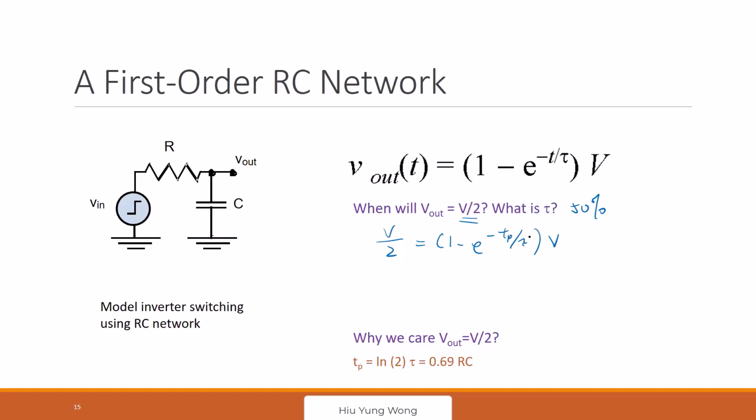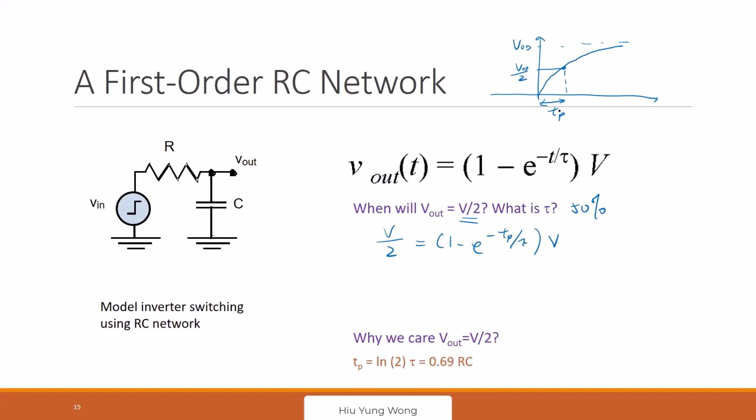We're just saying that the output reached 50%. So now I say this may be VDD, here is VDD divided by 2, and this is the propagation delay. This is one model we can use.